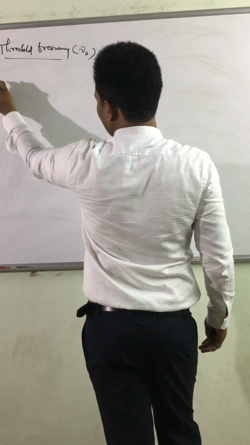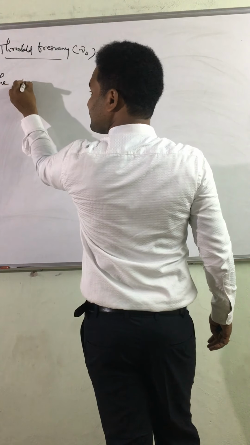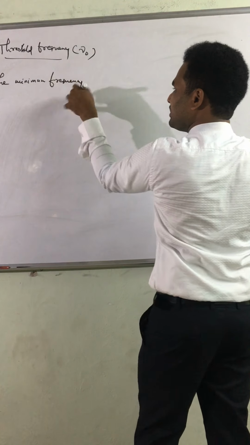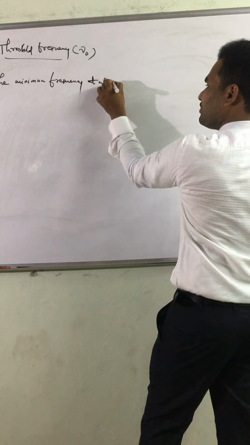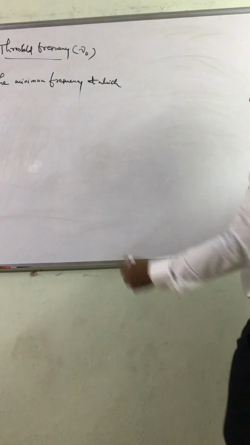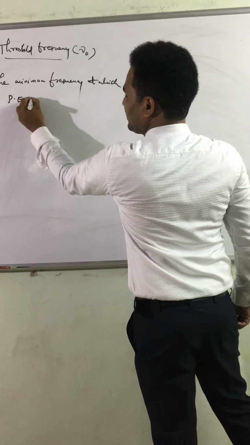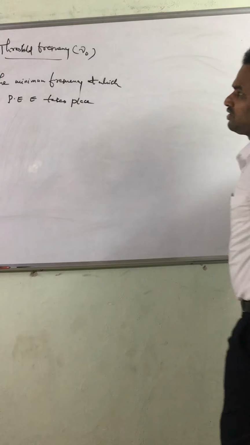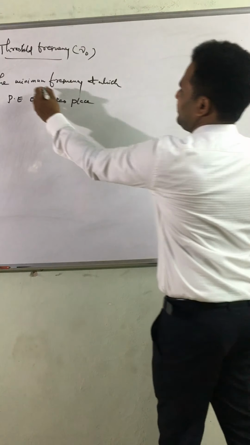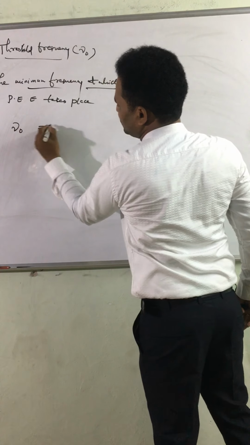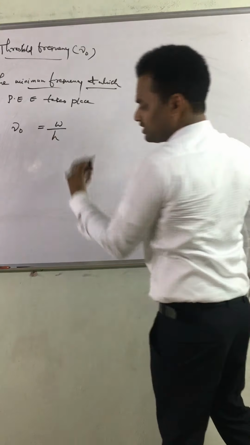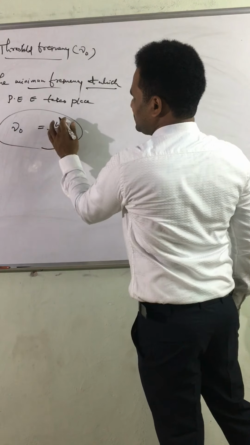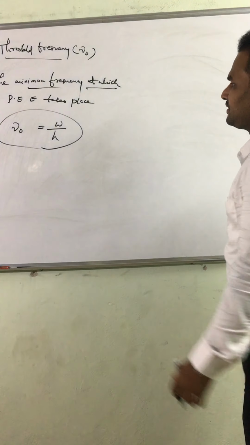Threshold means starting. Threshold frequency is the minimum frequency at which photoelectric emission takes place. Here a very important point: threshold frequency nu naught is equal to W by h. We can calculate threshold frequency by using work function and Planck's constant.